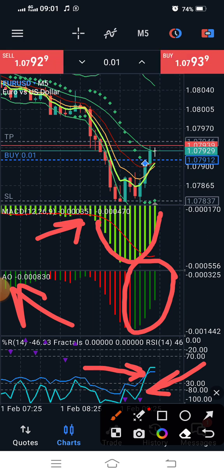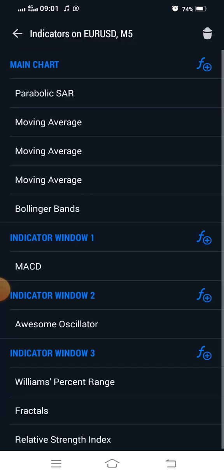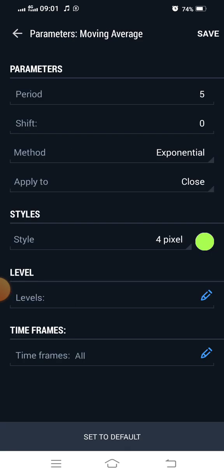One other thing you need to pay attention to is the EMAs. Okay. So some people wait until the green EMA, which is 5, has crossed. So let's go look at that. Let's go look at the EMAs carefully. I think this should be indicators. So look at it. Where is it now? Moving average. So if I tap on this, you see, green.